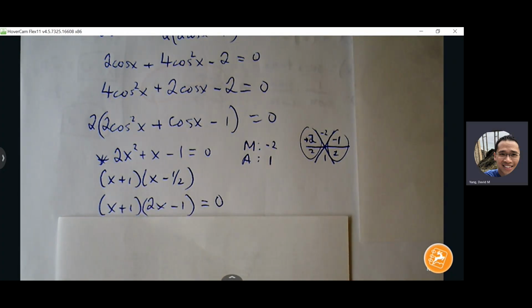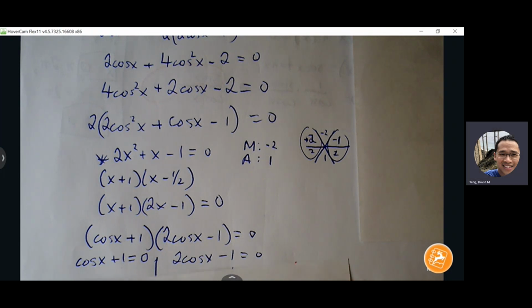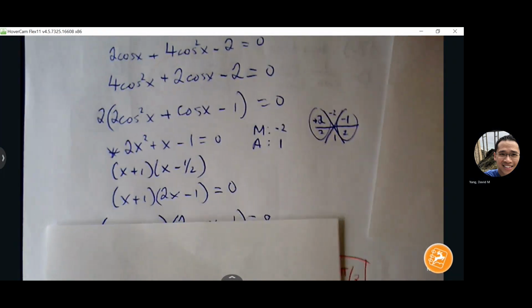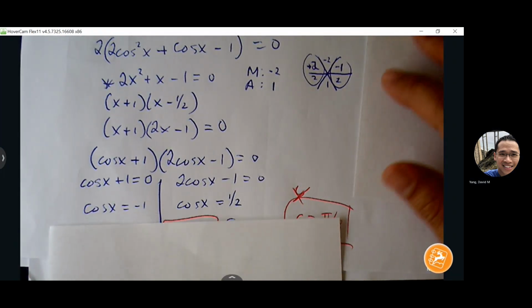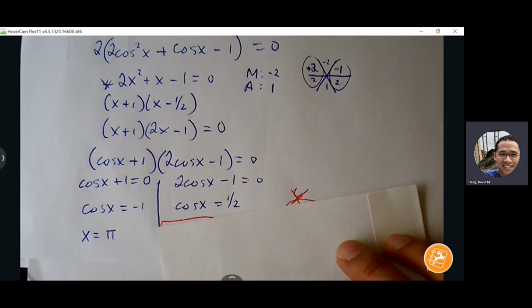But now I can bring cosine back in because I'm not really factoring in terms of x, I'm factoring in terms of cosine here. So now just solving for cosine and looking for unit circle values. Okay, so where is cosine going to be -1? Yep. Just pi, right?